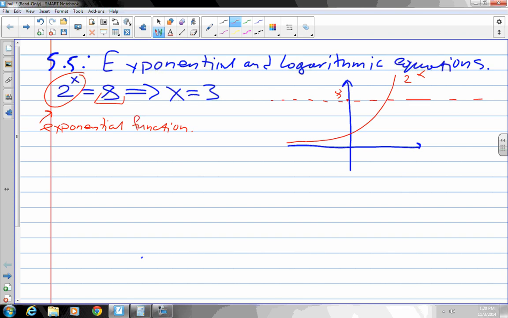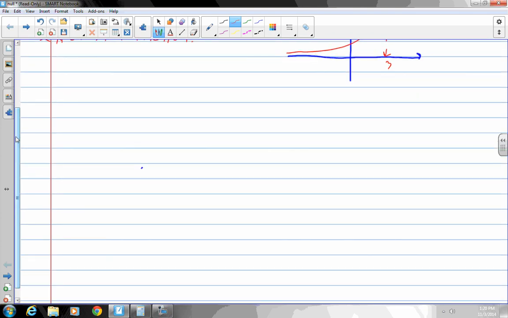So 8 is a horizontal line, so it only has one solution, right? So the reason why this equation has only one solution, the way it's written, is because 2 to the x is a one-to-one function. It only reaches the height of 8 exactly once, right? So we can use this property, the so-called one-to-one property.